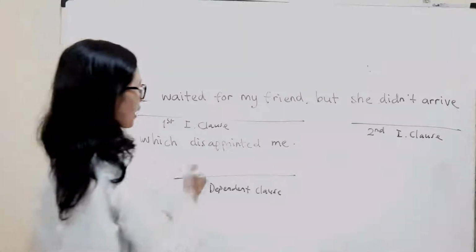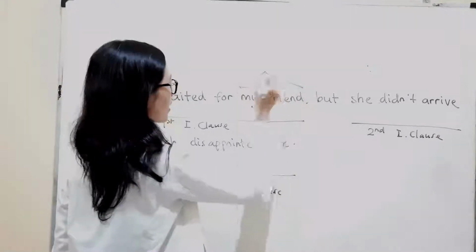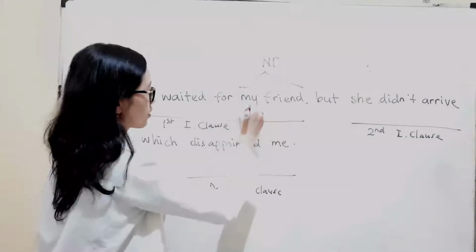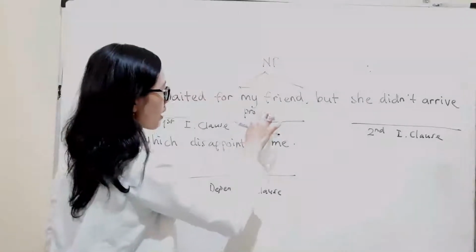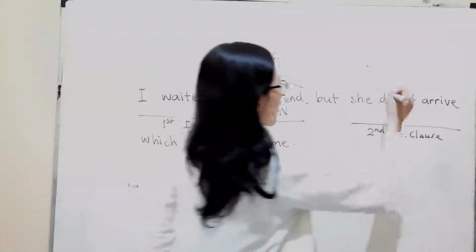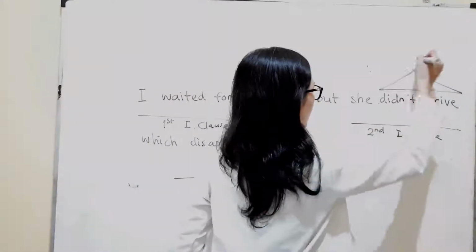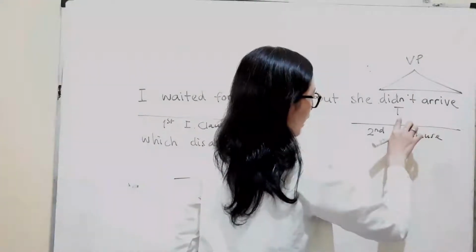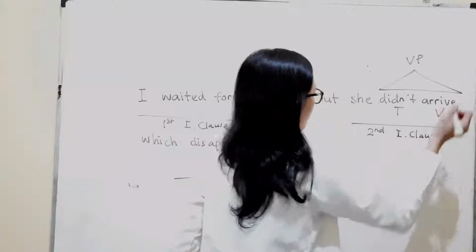Yes, we have phrases. My friend is the noun phrase, where my is the pronoun and friend is the noun. Didn't arrive is the verb phrase. Didn't, we can call it tense, and arrive is the verb.